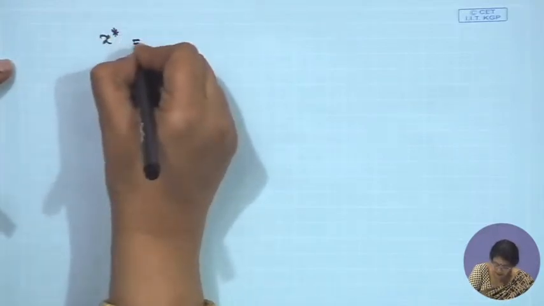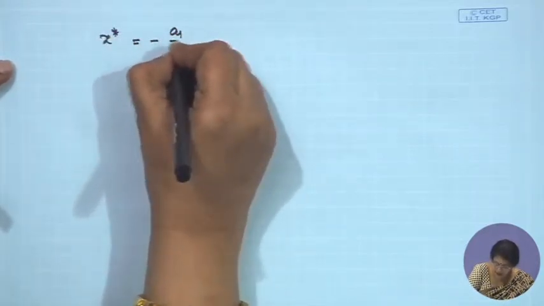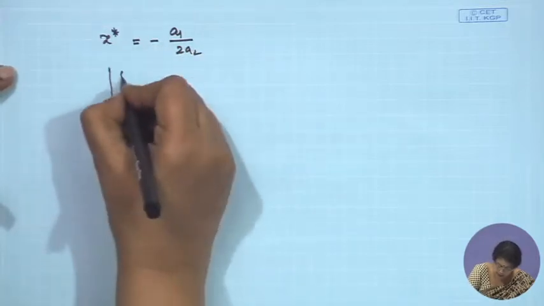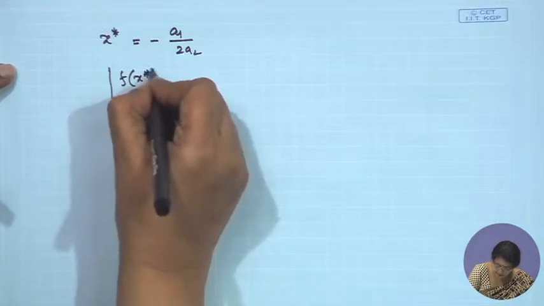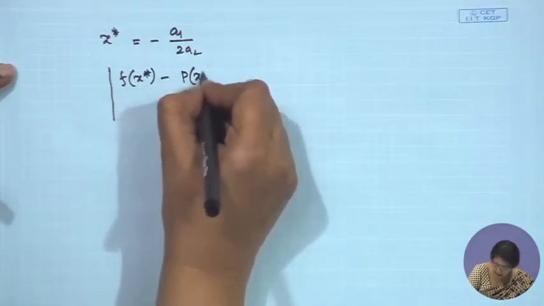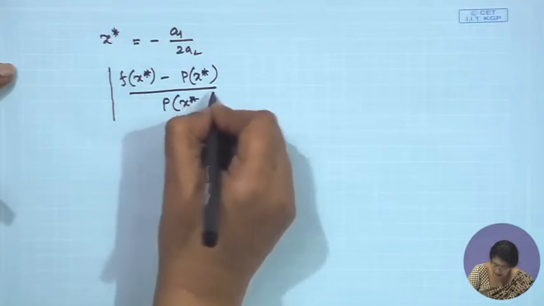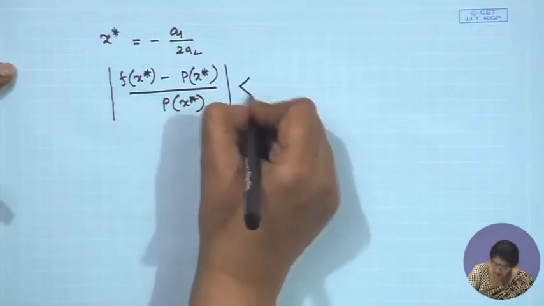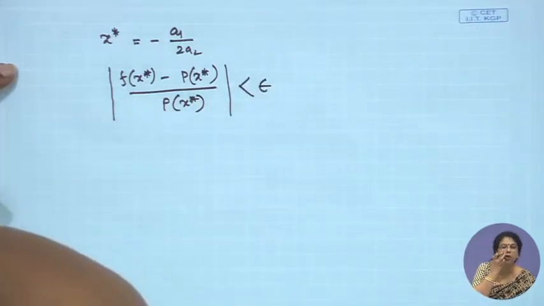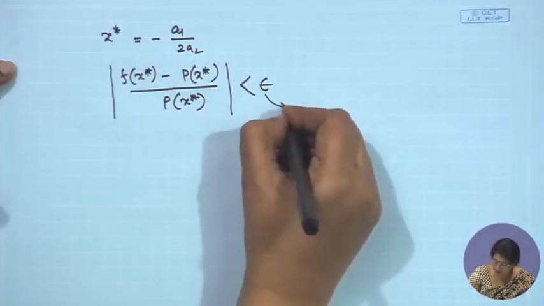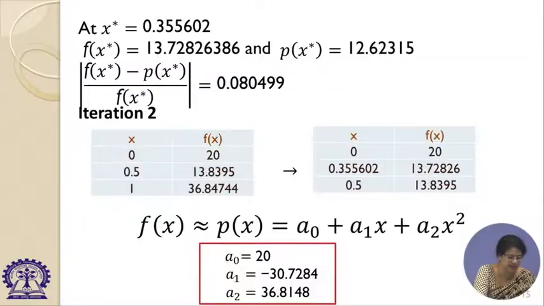What is your x star value? That is equal to minus A1 by 2A2, and we need to find out that f x star minus p x star divided by p x star must be less than epsilon. Then only, if the epsilon value is very small, we can say that this is a good fit.